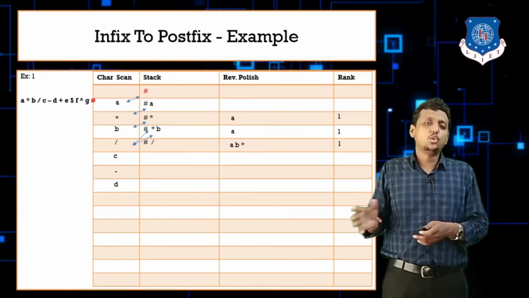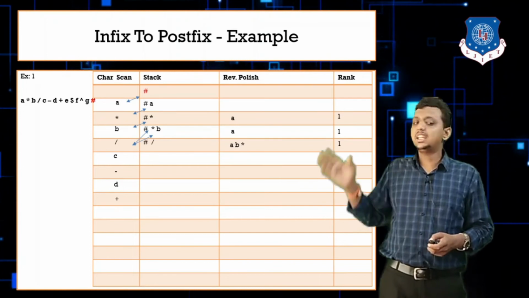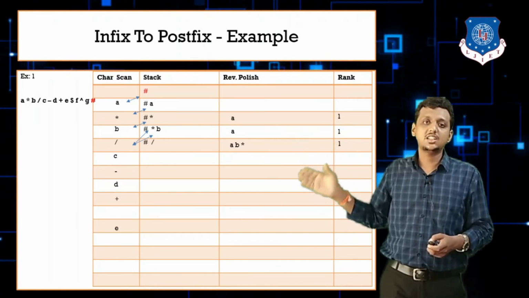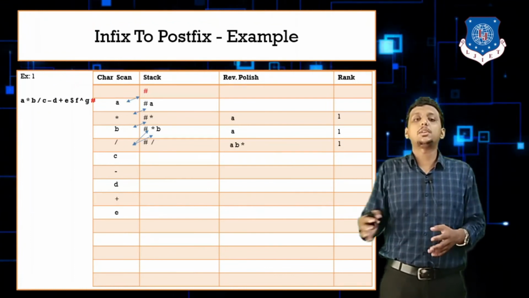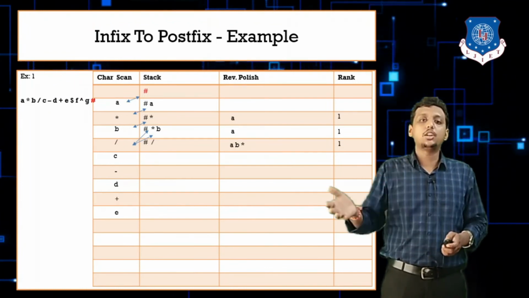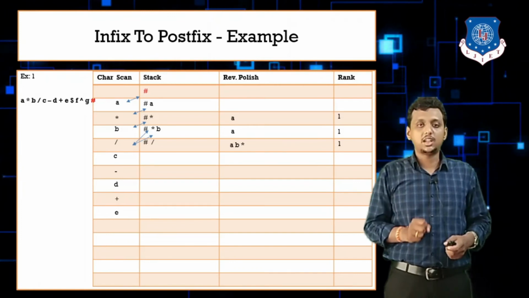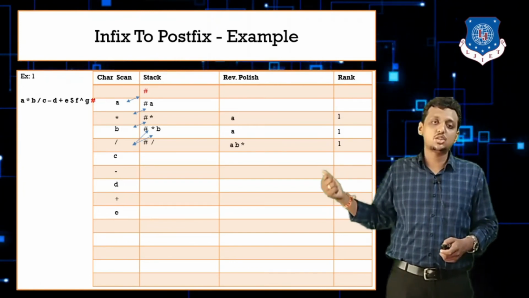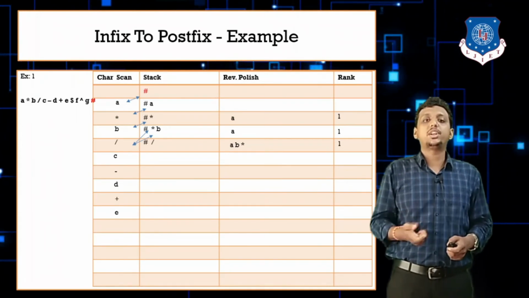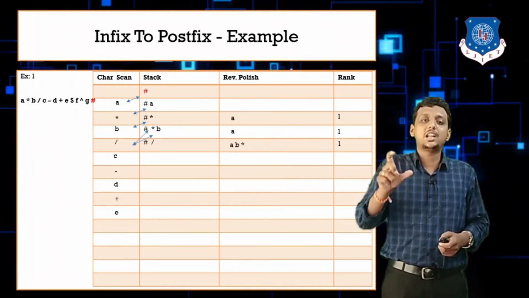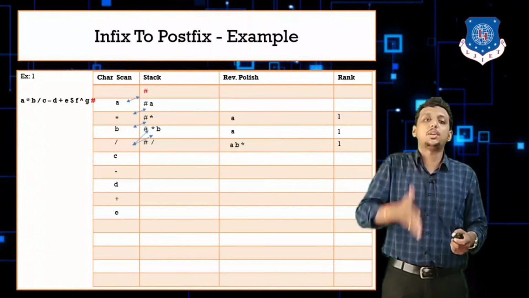Now what I'm doing over here, students, is writing each and every input character in sequence in the first character scan column, so that I will not make any mistake or forget to take any input character. This is a good practice during the exam, because it might be possible that you forget to write a minus or star or anything else from your input string.